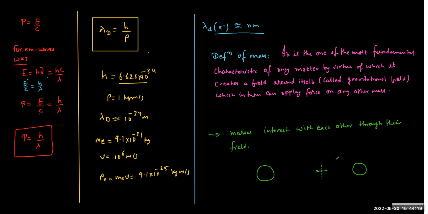If you bring any mass to this location, the mass will not move, right? Because mass only interacts with the localized field, just like the charge we discussed. At the point where the field is absent, the gravitational force will not come into the picture.